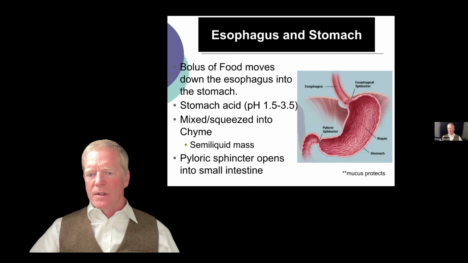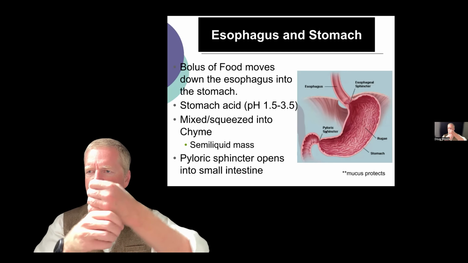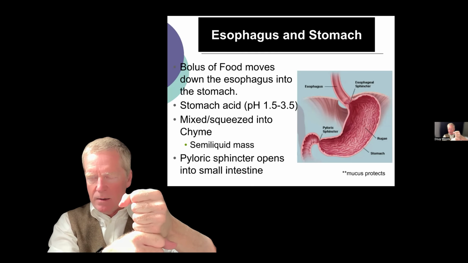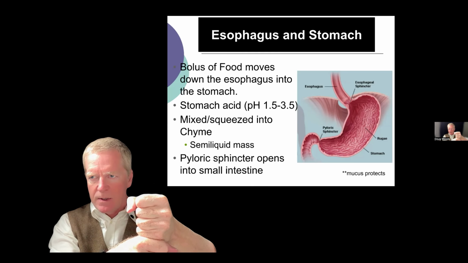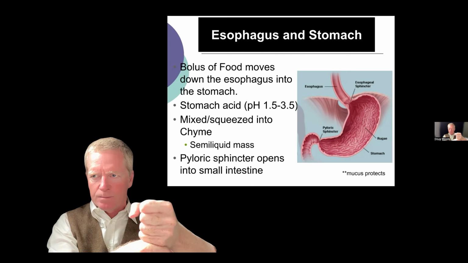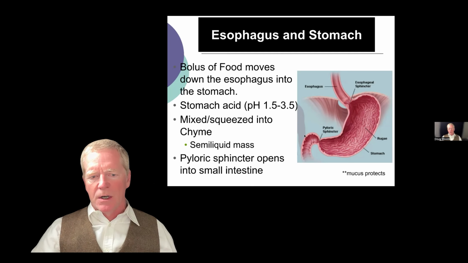At the bottom of the stomach is another sphincter, another muscular structure that can close off, much like my hand is closing here as an illustration. That pyloric sphincter will open and allow chyme to be released into the small intestine.